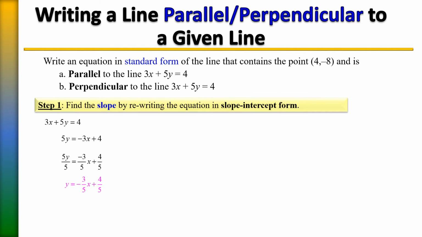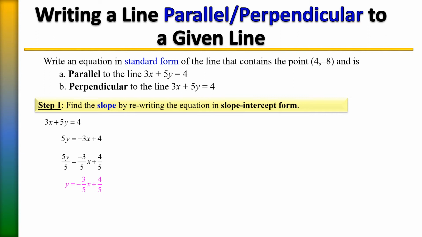So therefore, we can identify here that our slope, which is whatever the value is in front of x, -3/5 in this case, that is our slope. Okay, it doesn't include the x. The slope itself is just simply -3/5.